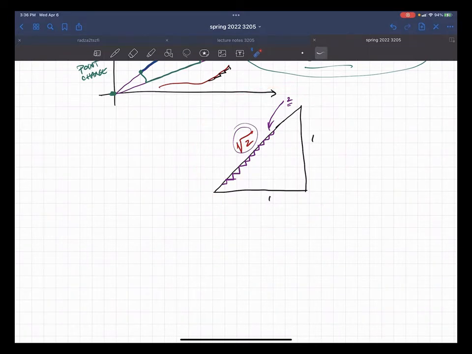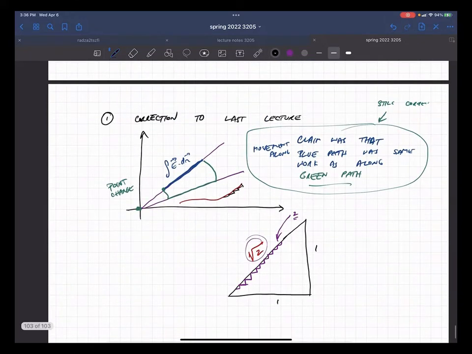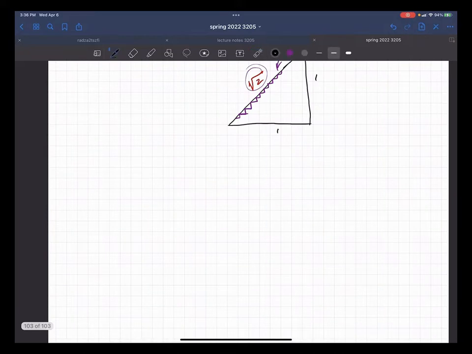So let me tell you what I should have said, and let me replicate this path that I'm talking about here. Let's try to draw it in a bigger way.